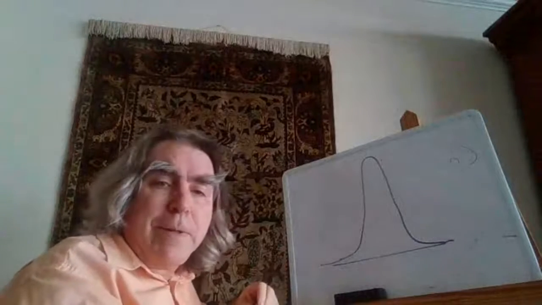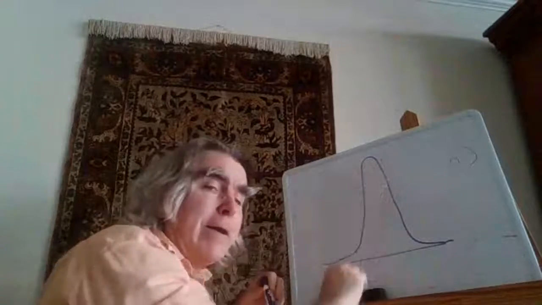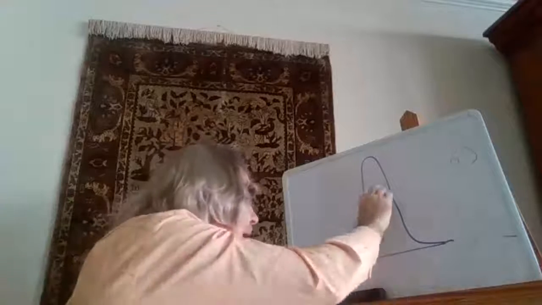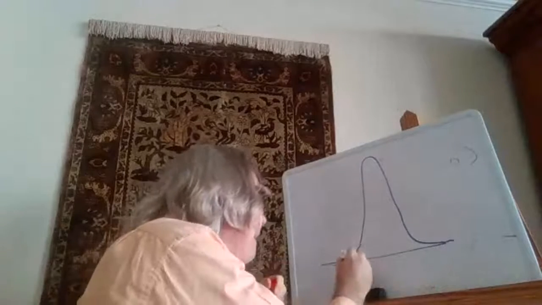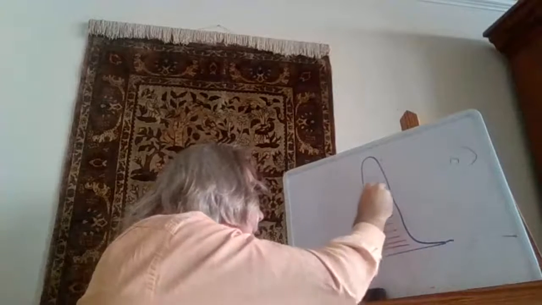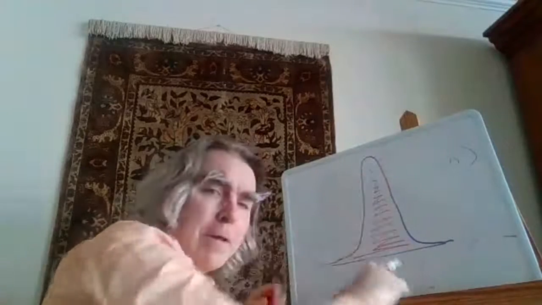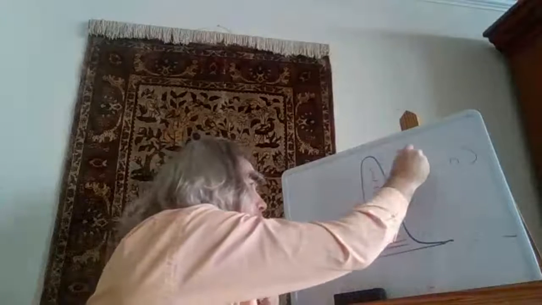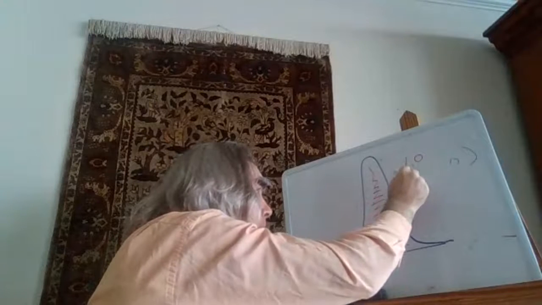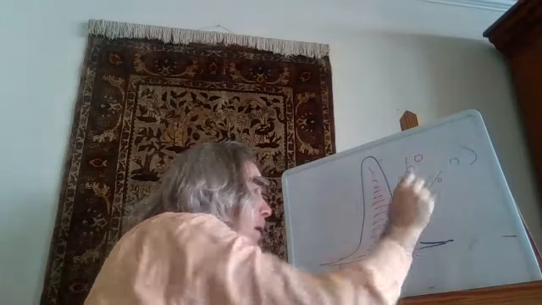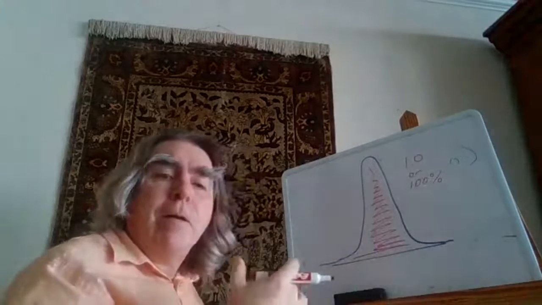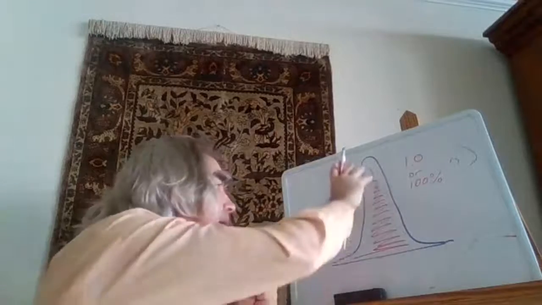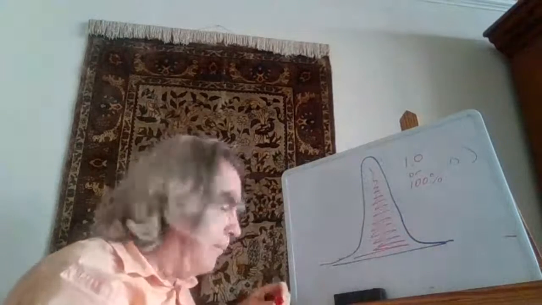Now, this is a probability distribution, so the area under this curve, this whole area here, if we count all of that, that area has to equal 1. Right? So any probability distribution has underneath it an area of 1.